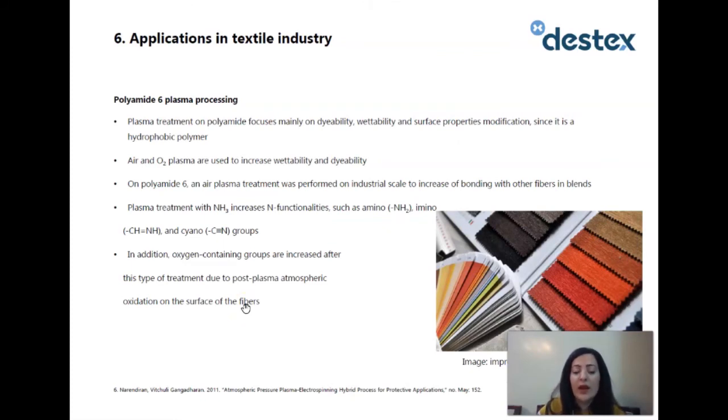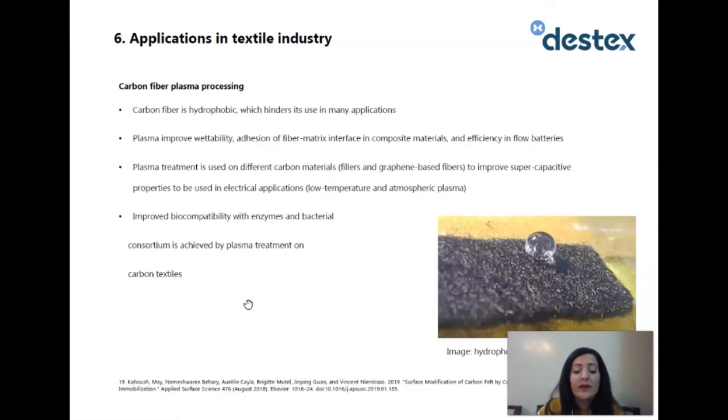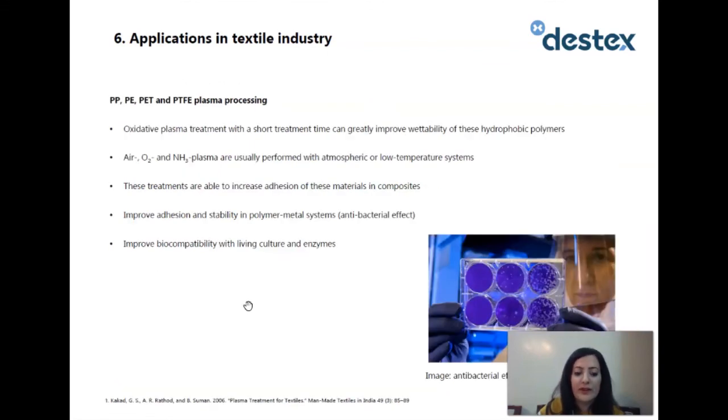Synthetic fibers and polymers can be treated with plasma too, because many types of plasma are cold or room temperature, so they won't affect the end properties of the polymer regarding temperature. Also, wool has been successfully treated with plasma, and even carbon fiber has been treated to increase its wettability and its adhesion with composite materials or with resin, to introduce composite materials to the market. Also, very successful treatments for other synthetic fibers have been introduced via plasma treatment.